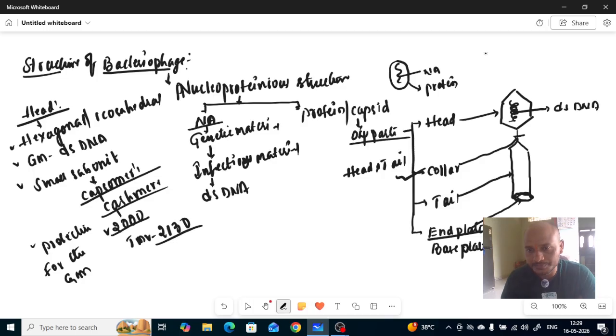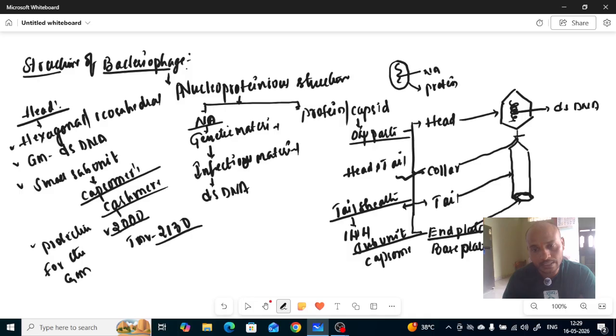Now coming to the tail. The tail part is surrounded, or covered, by a sheath called the tail sheath.